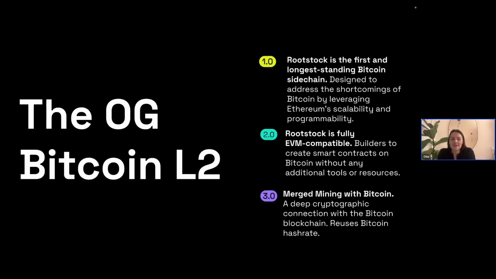Rootstock is fully EVM compatible, and we'll talk about what that means for you and for other builders and what the benefits are. And finally, a major point to mention is that Rootstock uses merge mining with Bitcoin, so there's a deep cryptographic connection with the Bitcoin blockchain. We'll have a look at how that works in a bit more detail.